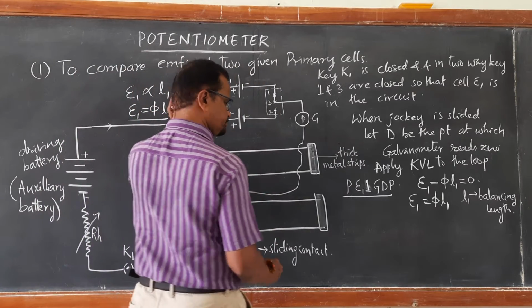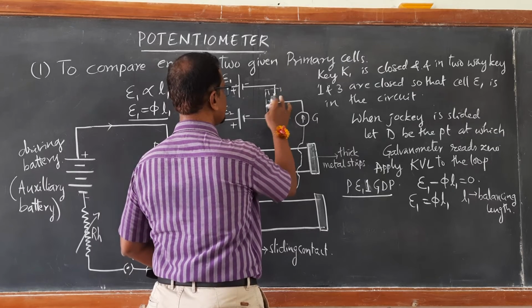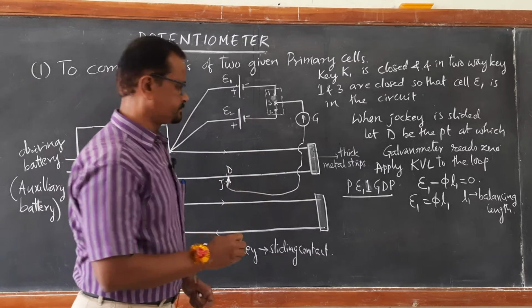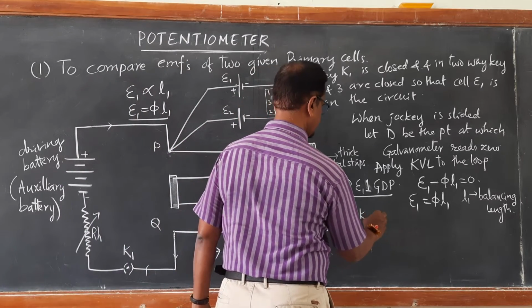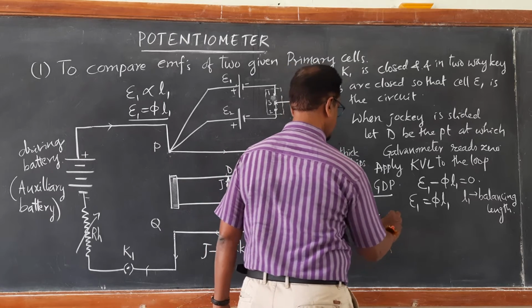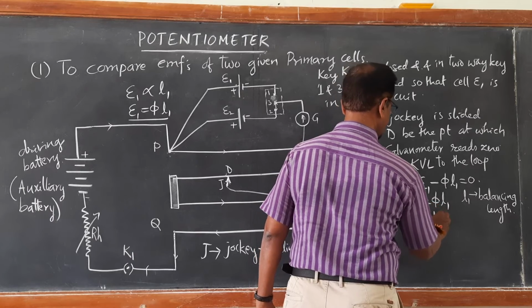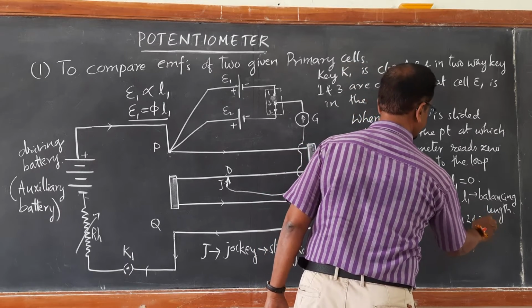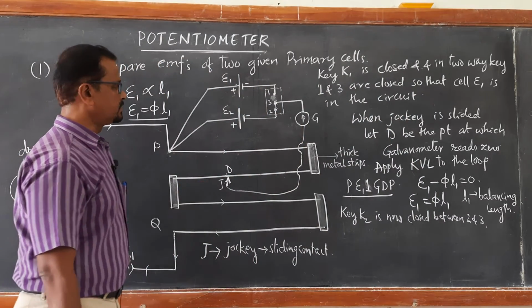Now, in the same way, this key is taken out and closed between the gap of 2 and 3. Key K2 is now closed between the gap 2 and 3, right?